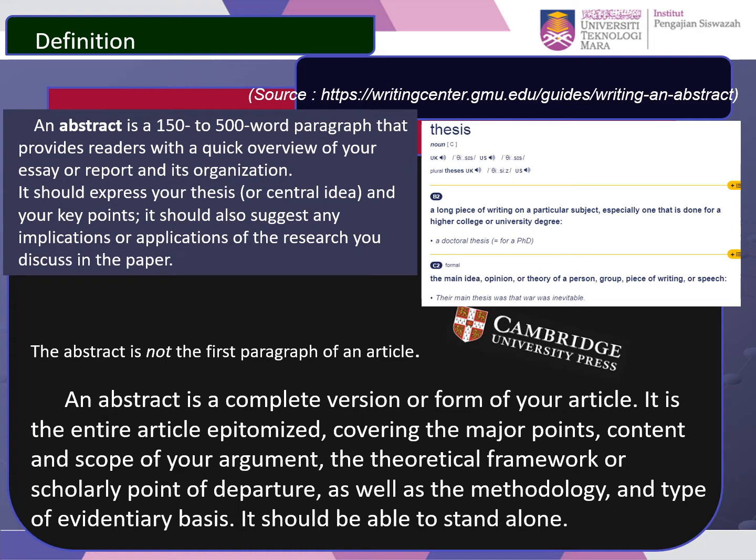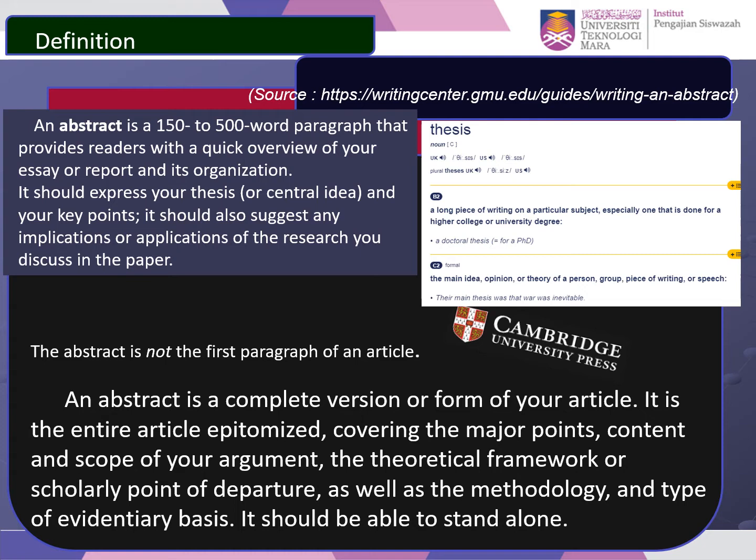Now also based on the definition, sometimes the abstract can be written for a thesis or it can be written for an article. If you look here on the right-hand side, this is about thesis. The definition of thesis is a long piece of writing on a particular subject, especially one that is done for a higher college or university degree. A doctoral thesis is for a PhD.